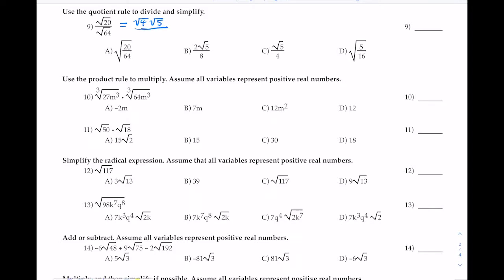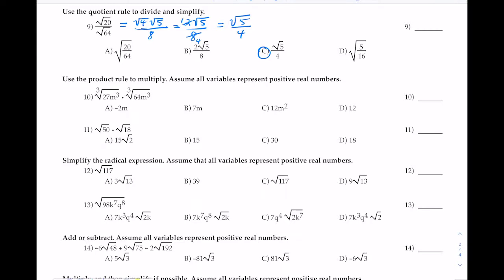So I'm trying to find a perfect square that goes into 20, which would be the square root of 4. And then the square root of 64 just simplifies to 8. So if I reduce this further, I would have 2 root 5 over 8. And then I'm going to reduce. So this is really just 2/8, which reduces to 1/4. So your answer is the square root of 5 over 4, letter C.